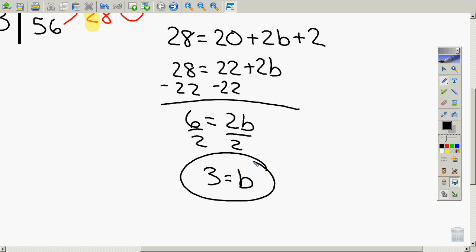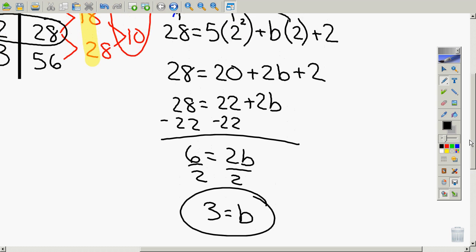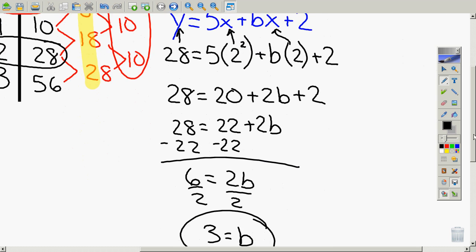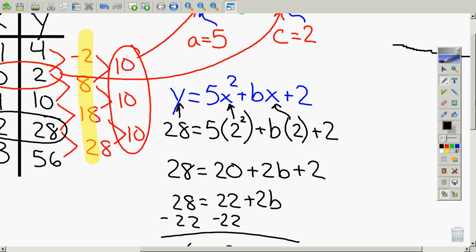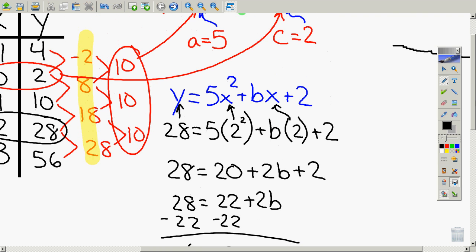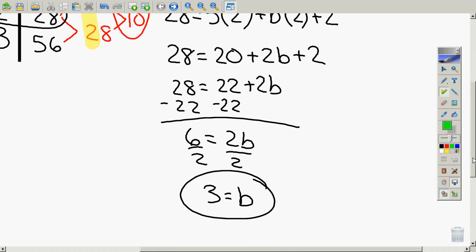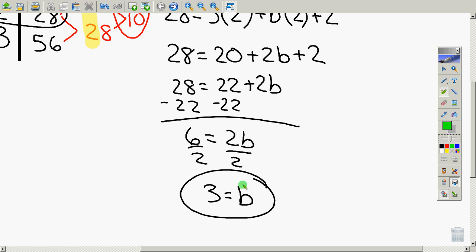If we know that b is 3, we can go all the way back to the beginning. We know what a is. We know what b is. We know what c is. A was 5, we have it up here, c was 2, and then down here at the bottom we know that b is 3.